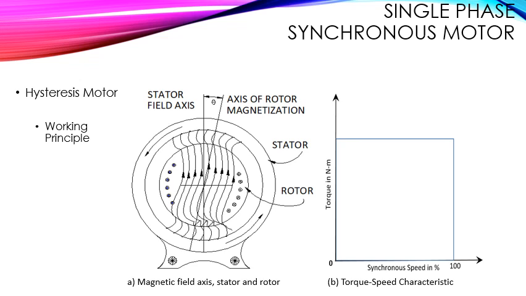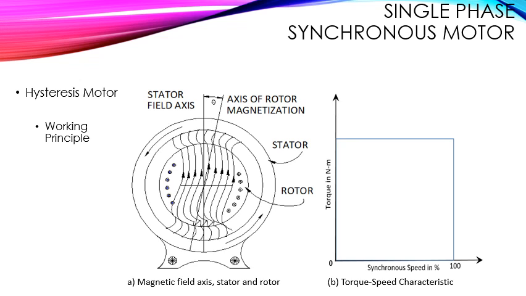Why? Because in the hysteresis motor, torques due to two effects are formed. First is due to the hysteresis effect, and second is the eddy current loss. The torque due to the hysteresis effect is given by the product of phi s, phi r, and sine of theta. But the torque due to the eddy current loss is negligible. Why?